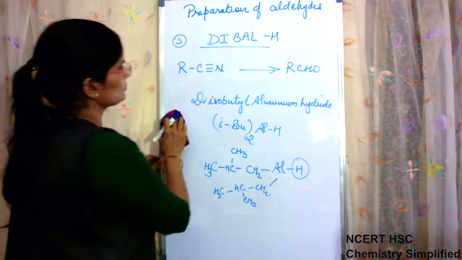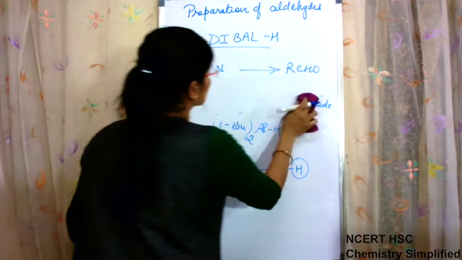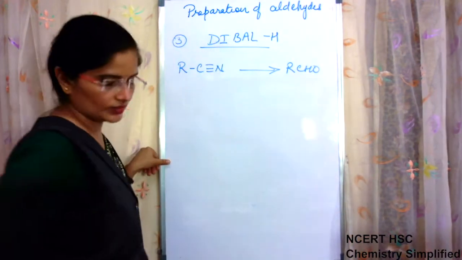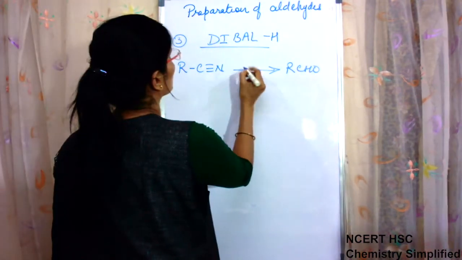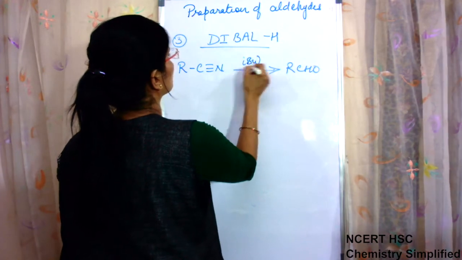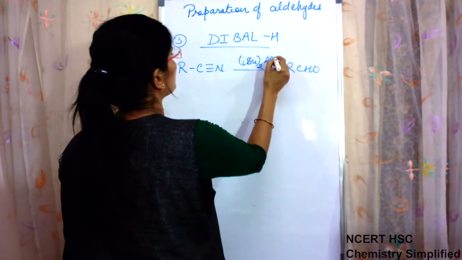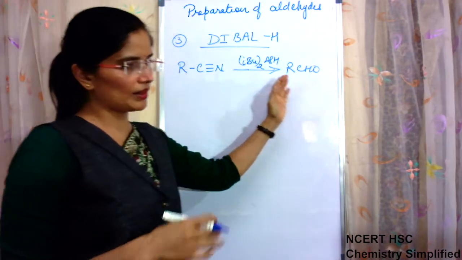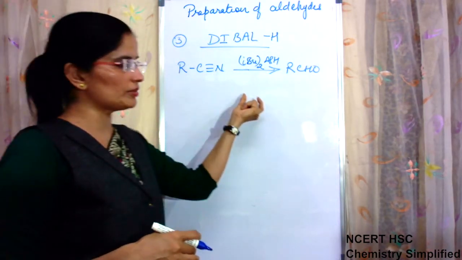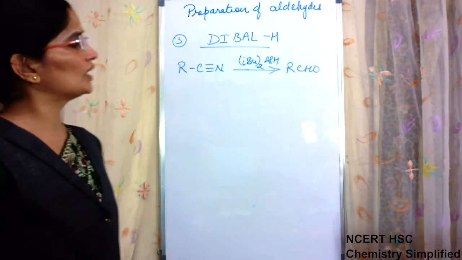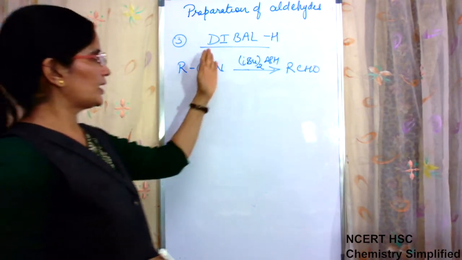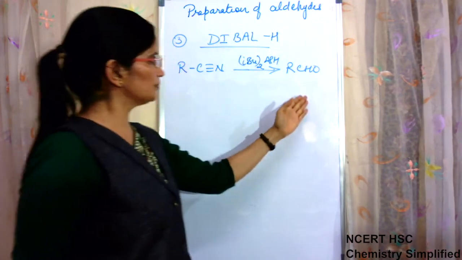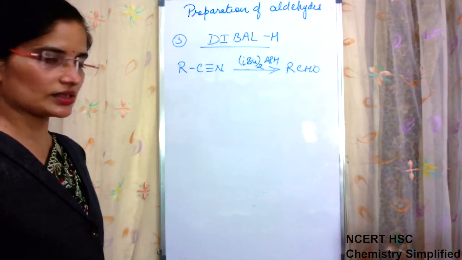So on the arrow we will write DIBAL-H, aluminium hydride. This will convert nitriles into aldehyde by the same way. First imines will be formed and then they will convert into aldehyde. DIBAL-H is one of the reagents which stops the reduction at the aldehydic stage.